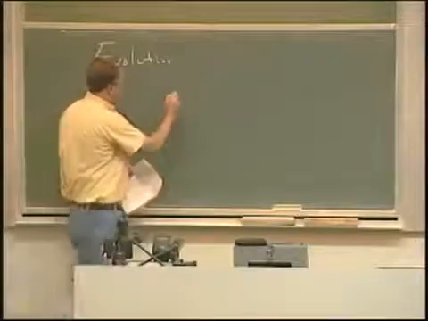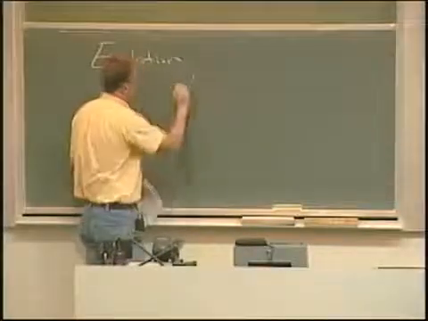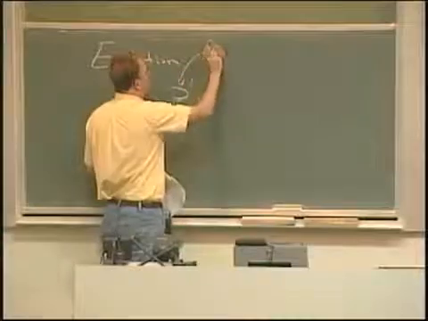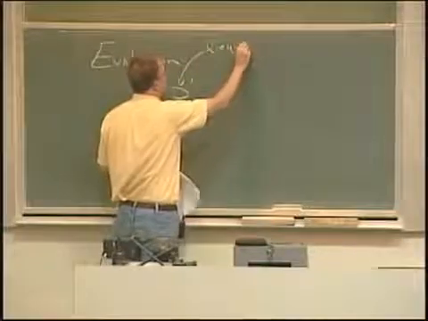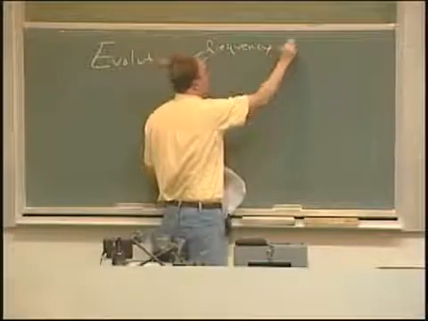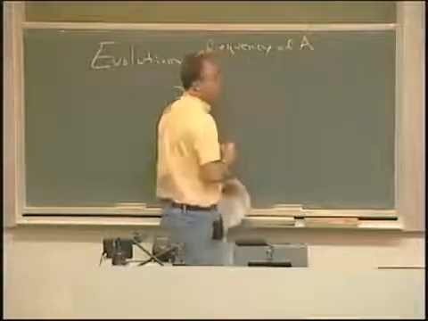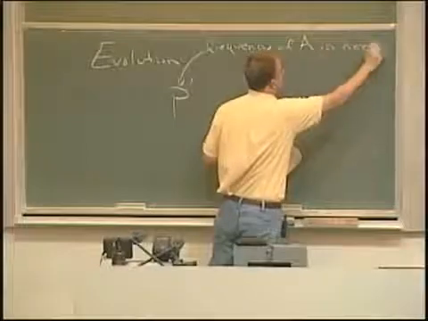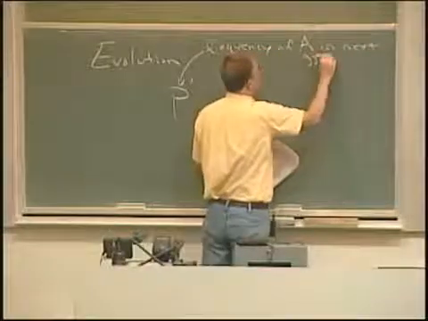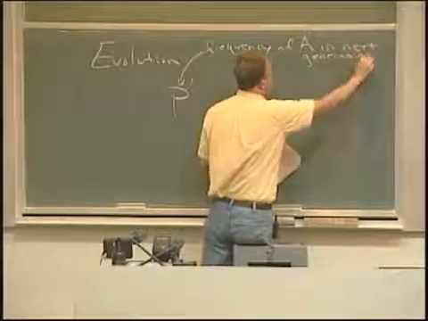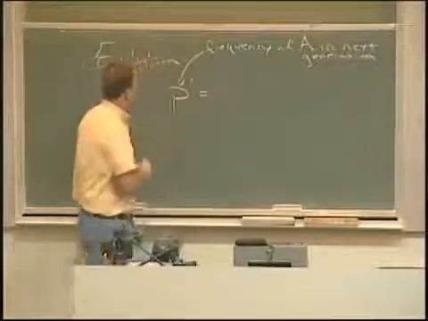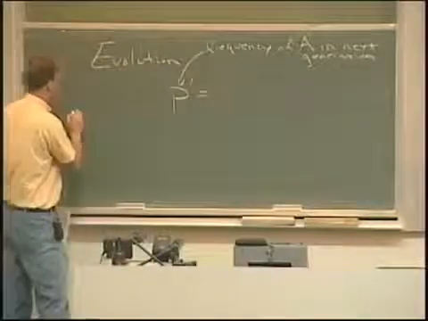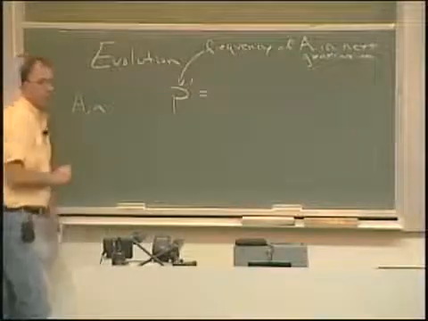So let's call P prime the frequency of big A in the next generation. Well, we can get the frequency of big A in the next, so I'm thinking we have two alleles, big A and little a now, okay?